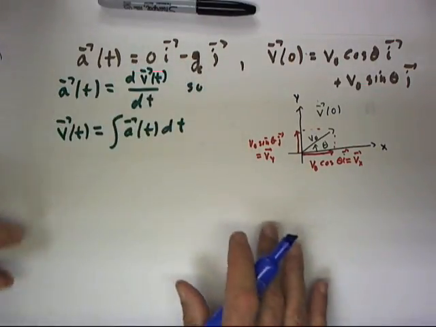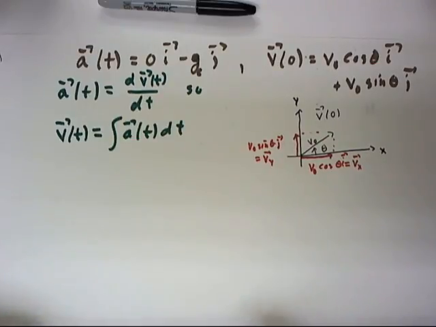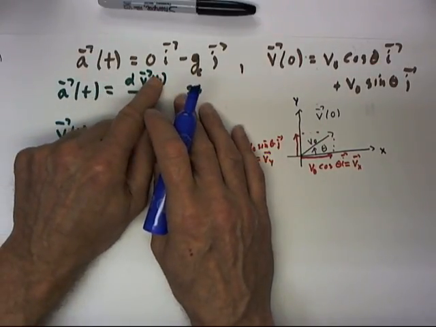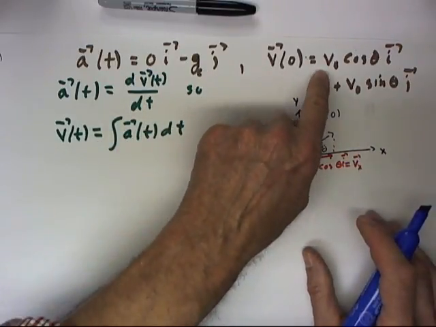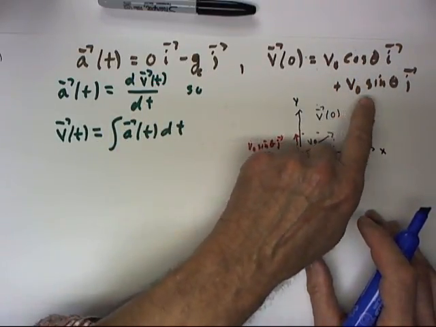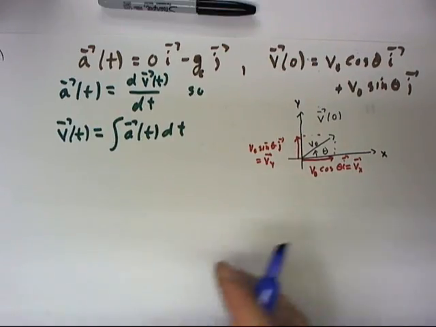Okay, so our situation is therefore a of t equals 0i minus g sub c j, and v of 0 equals v0 cosine theta i plus v0 sine theta j.